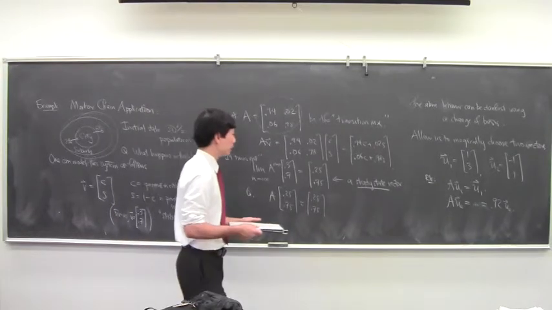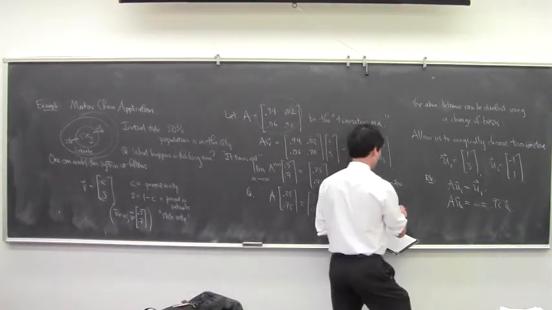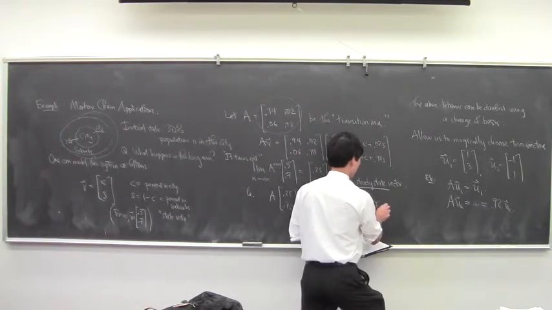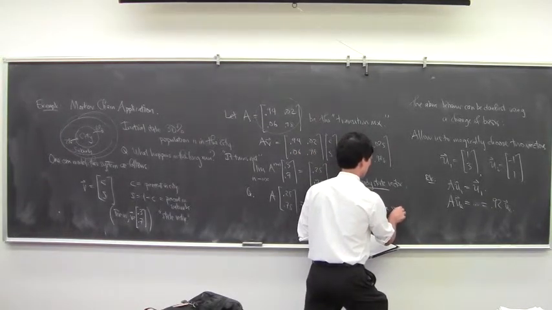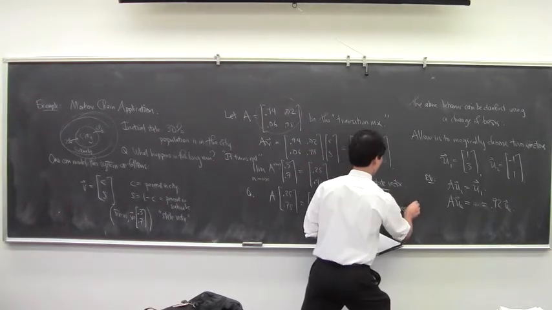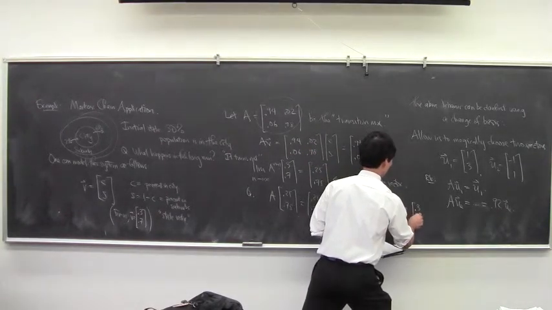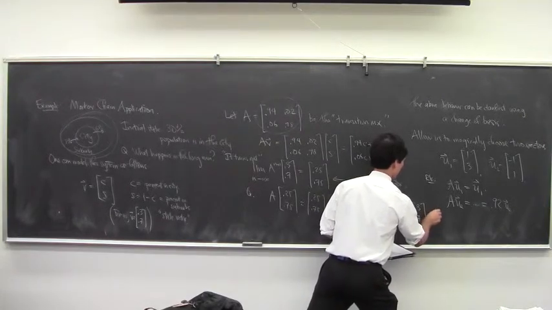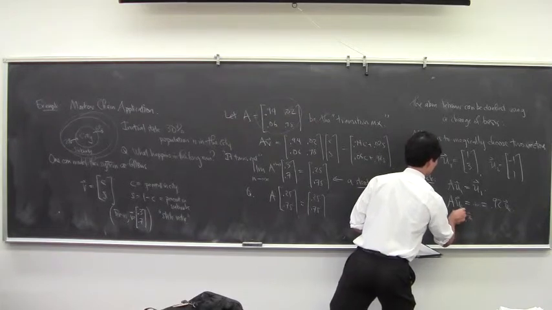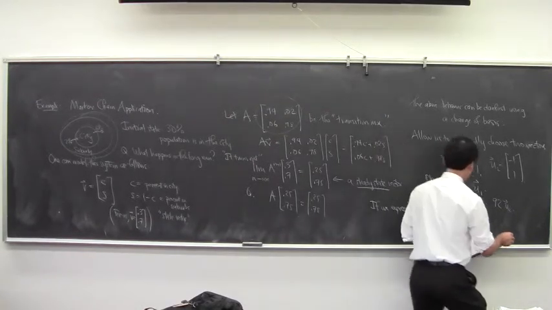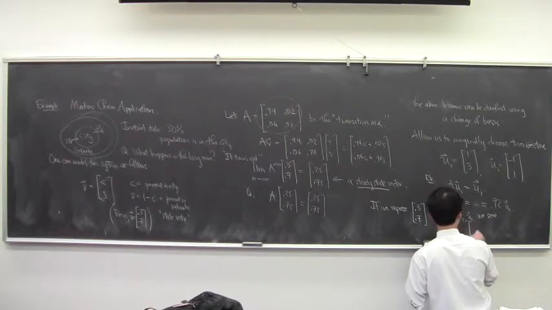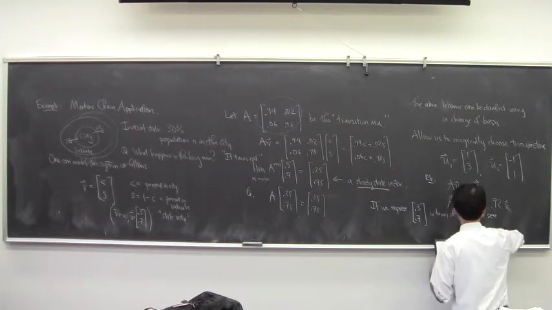Okay, so now if we express 0.3, 0.7 in terms of u1 and u2, we see that, actually, let me write this up here.